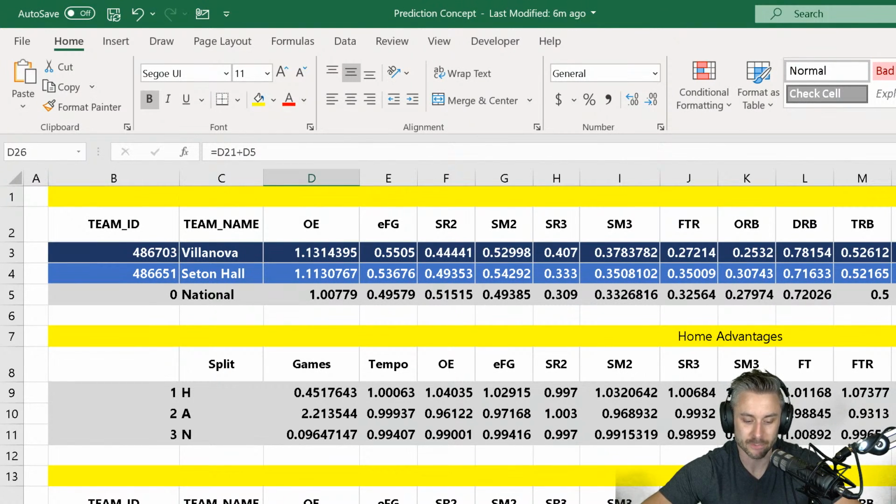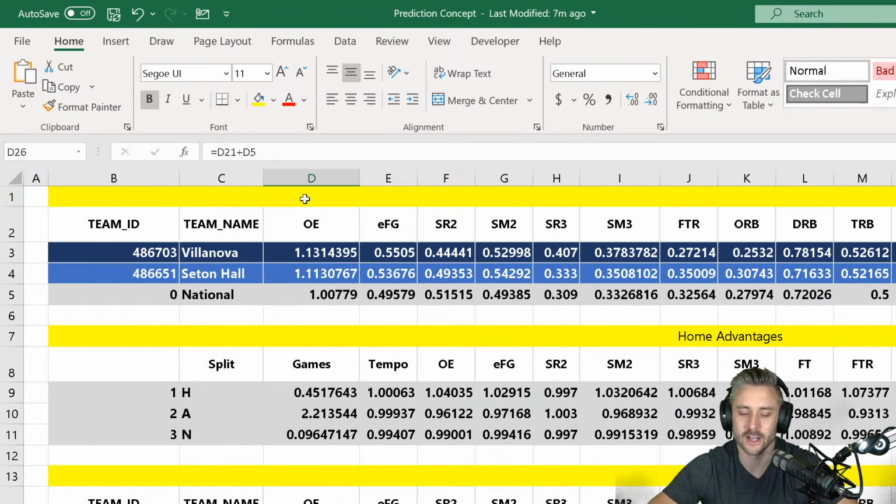It is the opposite sum, 0.038 whatever, plus 1.00779, which is 1.046787. And if this game was being played on a neutral court, you would stop there. That would be Villanova's expected offensive efficiency against Seton Hall on a neutral floor, 1.046 points per possession.